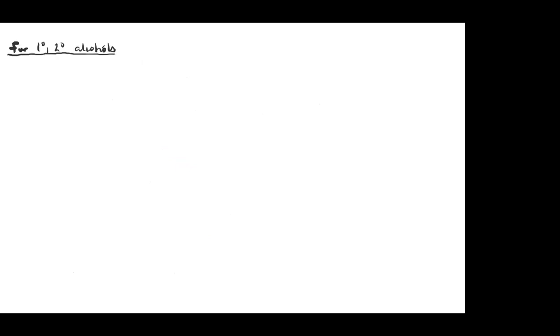So just to give you an example for a primary alcohol, if you have, say, propanol, you treat that with HBr, you can make the bromide. But the mechanism will be different. It's not going to be an SN1 type of reaction because I have a primary substrate.